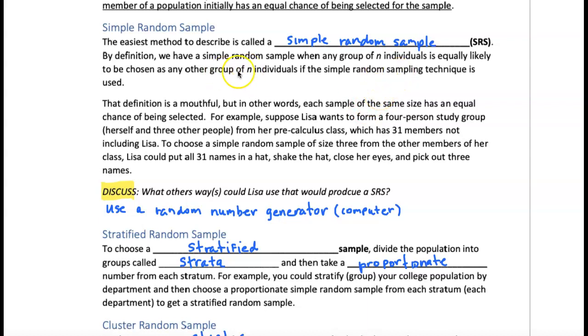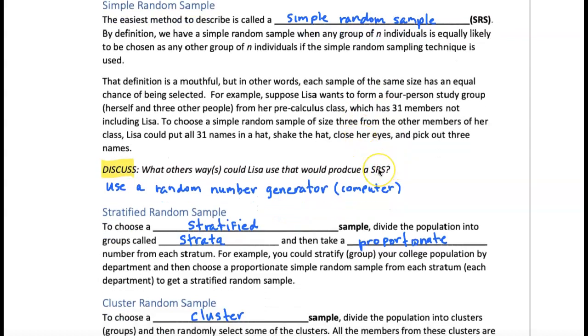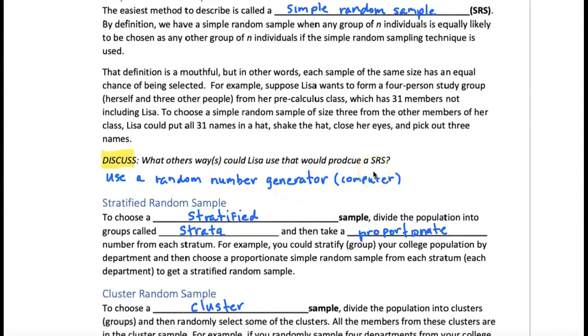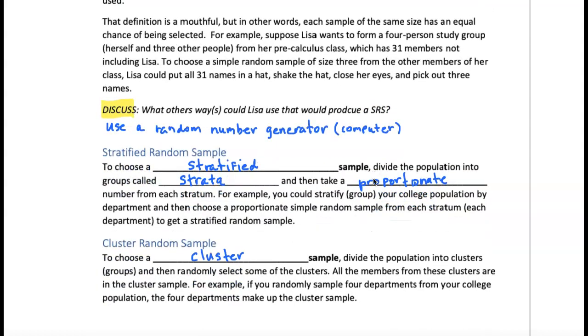We have a definition for that, and we call that SRS many times for short: every group of a certain size is equally likely. The way we do that and control that is through a random number generator in a computer, putting names in a hat like a lottery. That is a simple random sample.